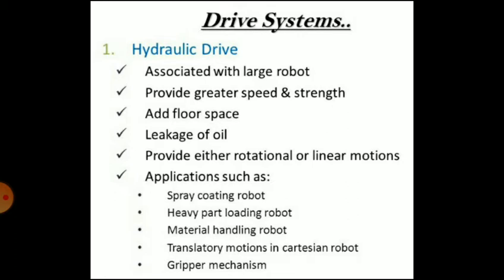So the hydraulic drive is generally associated with larger robots. The usual advantage of the hydraulic drive system is that it provides the robot with greater speed and strength. The disadvantage of this system is that larger floor space is required and there is leakage of the oil.